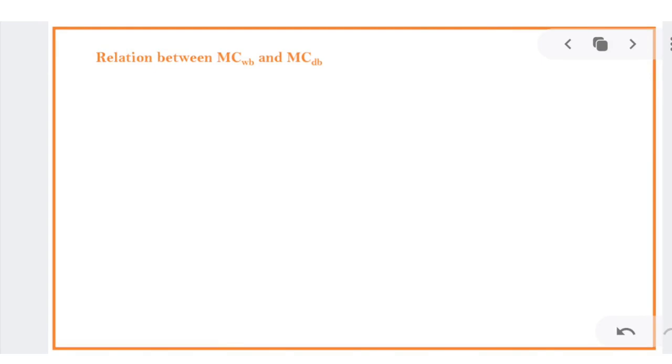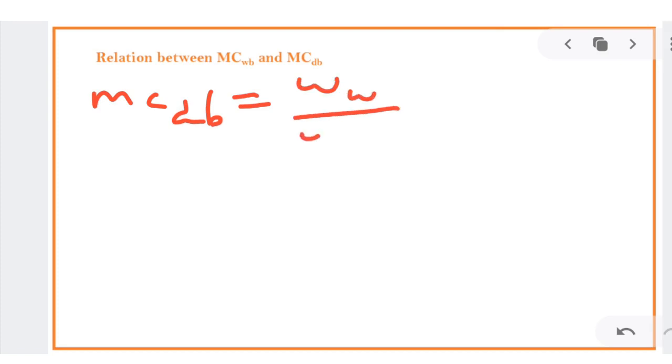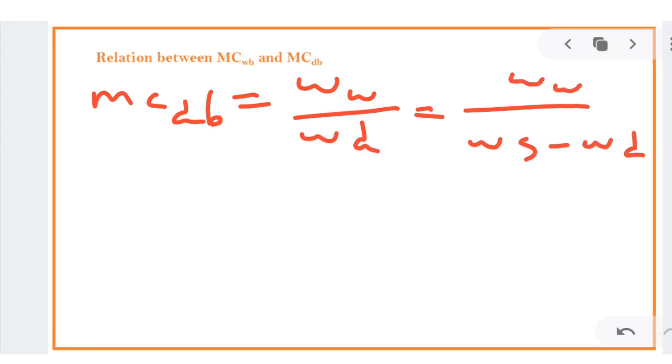We know that moisture content on dry basis equals weight of water divided by weight of dry solids. So we can write weight of dry solids as weight of sample minus weight of water. So divide both numerator and denominator by weight of sample.